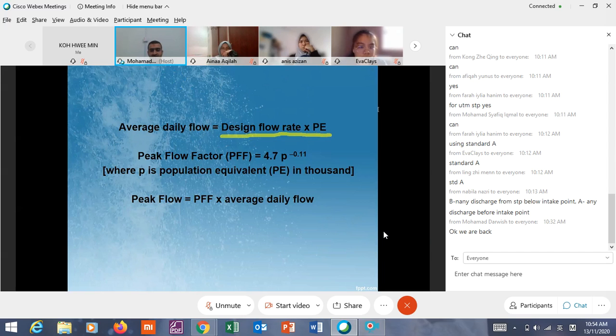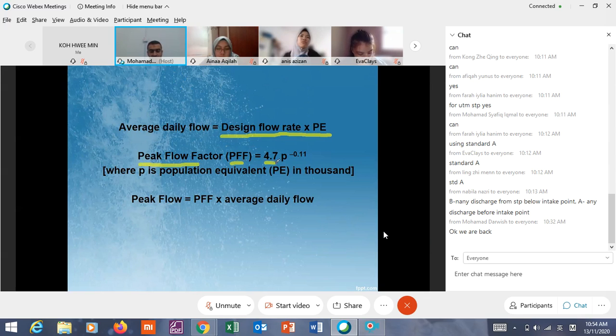So this is the average daily flow. Now this is the average. So how are we going to calculate the peak? There is a factor between the average and the peak. It's called the peak flow factor, PFF.